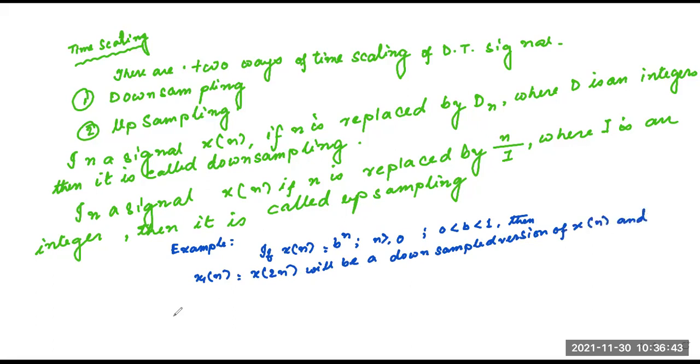And x2[n] equals x[n by 2] will be an upsampled version of x[n].